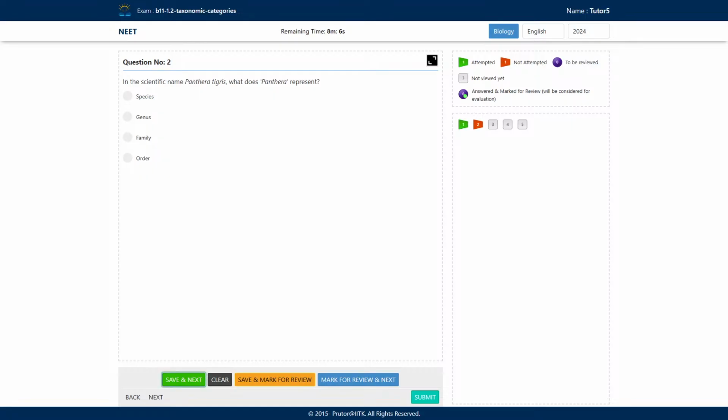Now let's discuss this question. In the scientific name Panthera tigris, what does Panthera represent? Scientific name has two components according to binomial nomenclature given by Carolus Linnaeus. One is the generic name, another one is the specific epithet. Generic name represents the genus, specific epithet represents the species. So what does Panthera represent in Panthera tigris? The options are species, genus, family, and order.